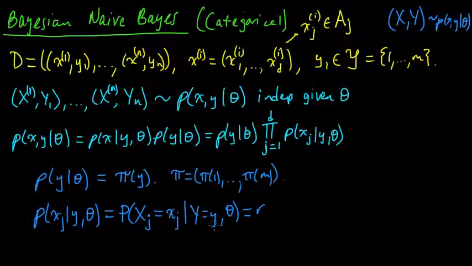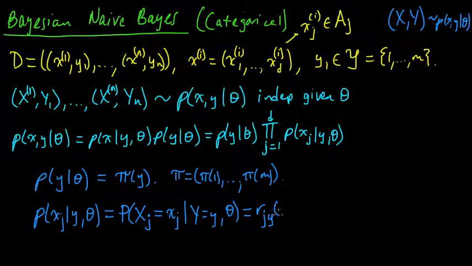So for each different value of little y, we're going to need a different distribution. Well, it is a different distribution. So we need a different distribution for each j and y. So let's subscript this r by j and y to denote that it's the distribution on the jth coordinate given little y.